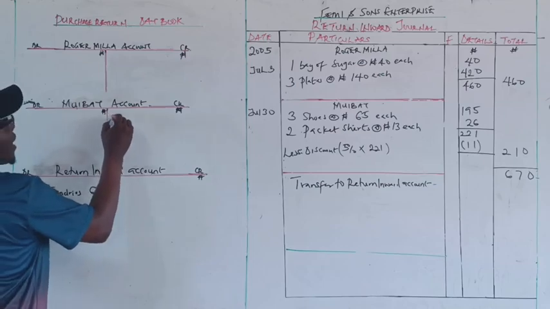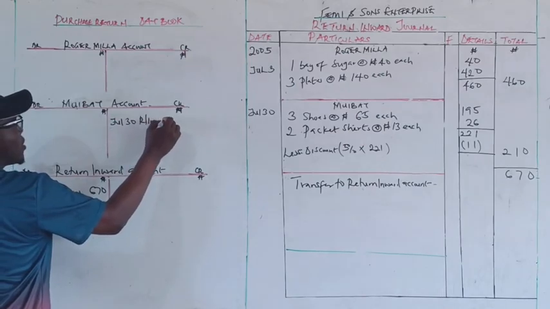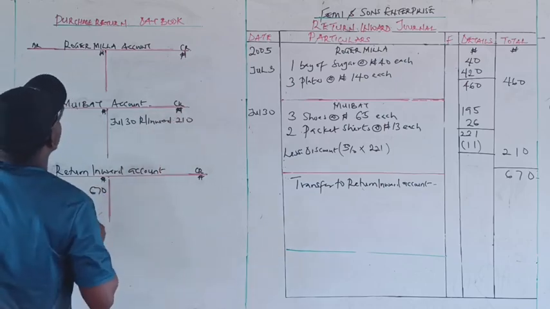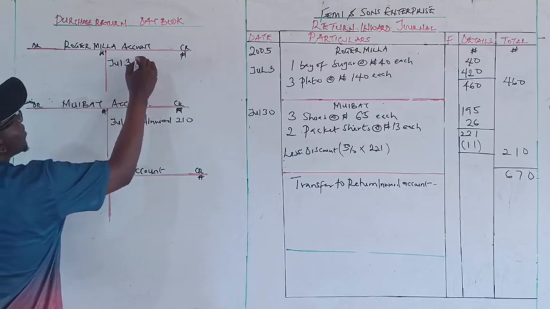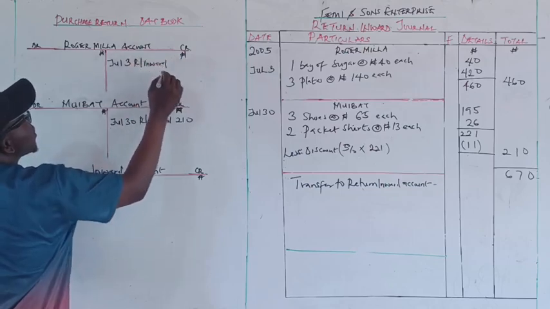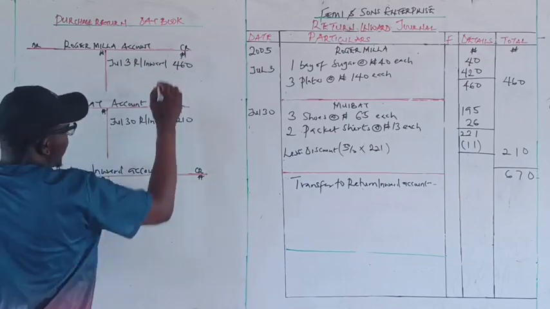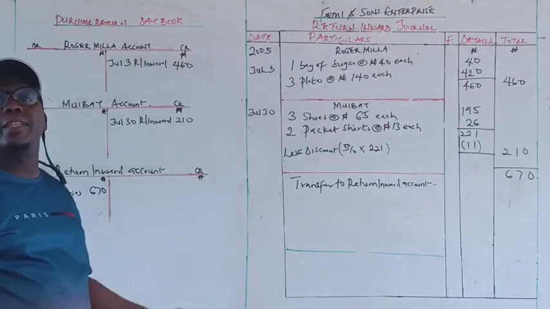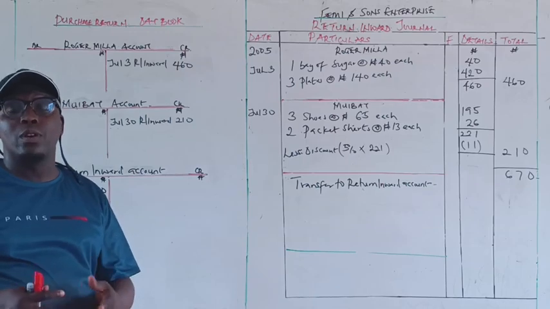We now have July 30, Return Inward, 210 naira for Muibat, and for Rojamila, July 3, Return Inward, 460 naira. These are the steps you can use in preparing your Return Inward journal or Return Inward daybook.